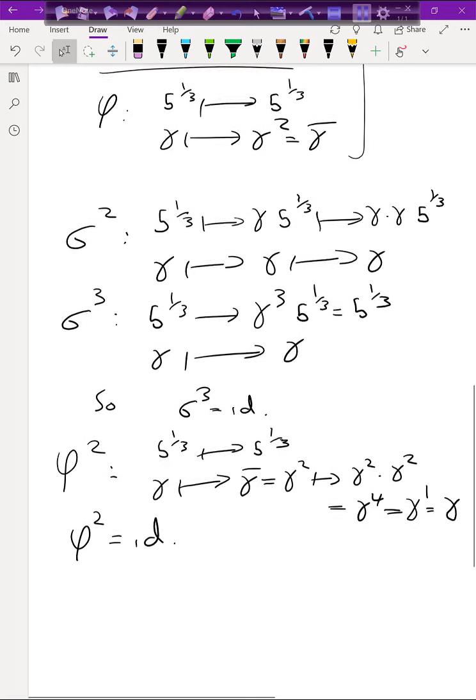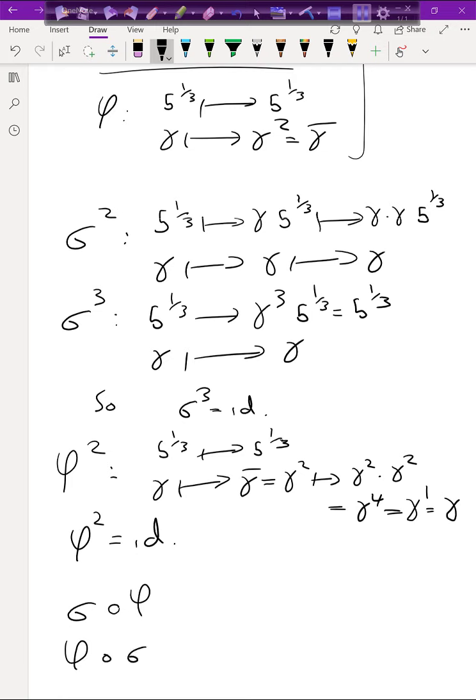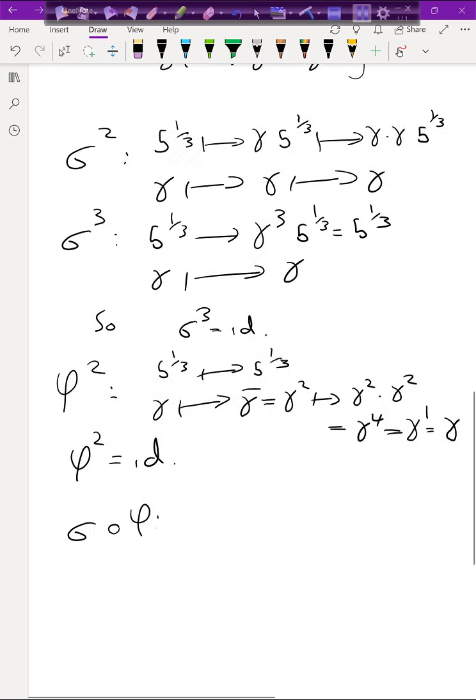Now I'd like to do a couple quick computations of sigma composed with phi and phi composed with sigma. Need a little more room, I think. Okay. So sigma composed with phi. Well, the phi part is just going to send 5 to the 1/3 back to itself.